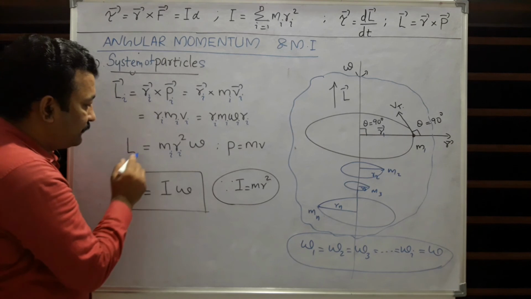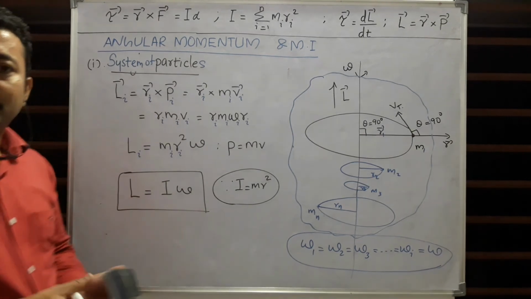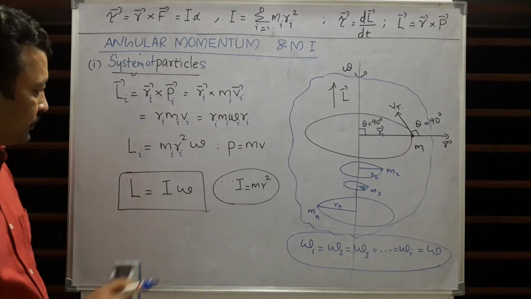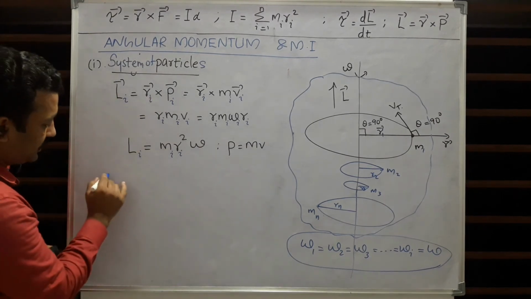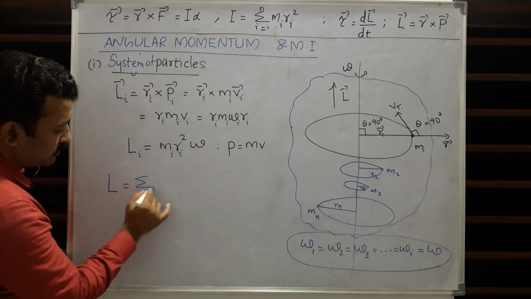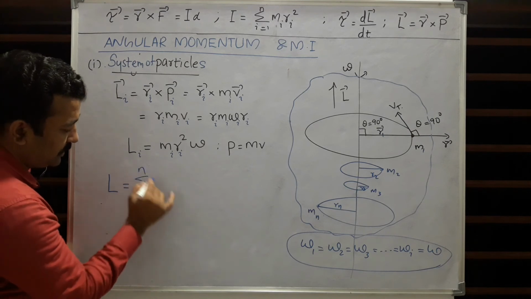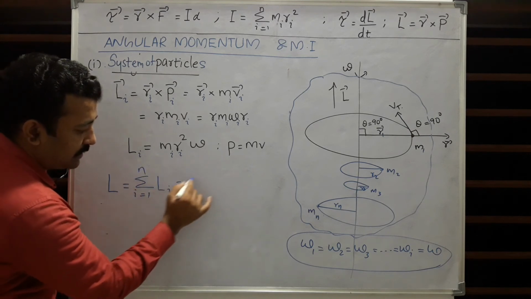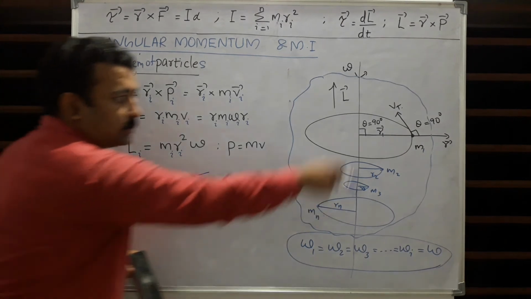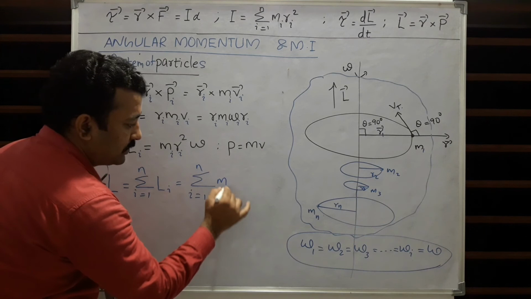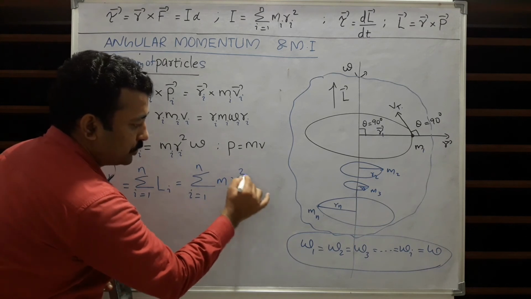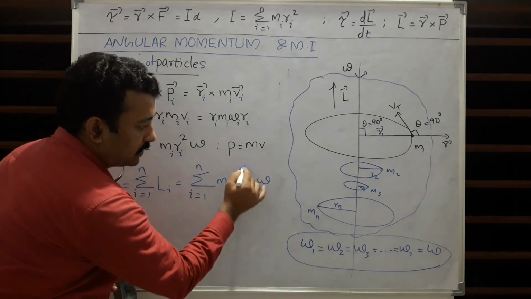This is the expression for a single particle's angular momentum. To find the total angular momentum, L is the sum from i equals 1 to n of Li, summation over all particles, of mi ri square times omega.